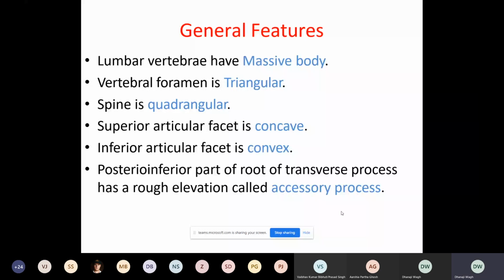So these are the general features regarding the lumbar vertebrae: massive body, triangular vertebral foramen, quadrangular spine, superior articular facet concave and inferior articular facet convex. The superior articular facet articulates with the inferior articular facet of the one above, and the inferior articular facet articulates with the superior articular facet of the one below.